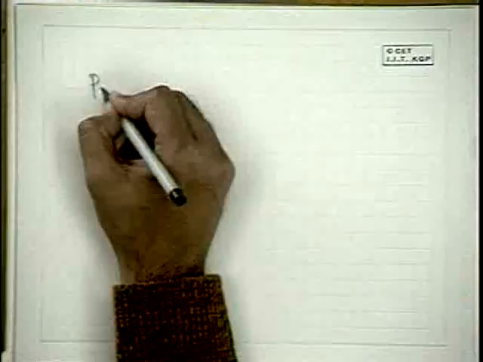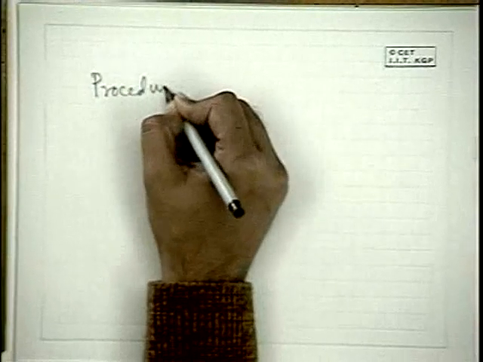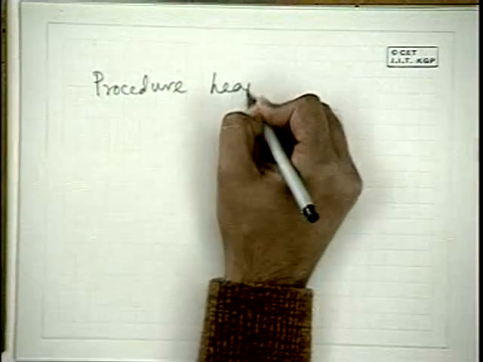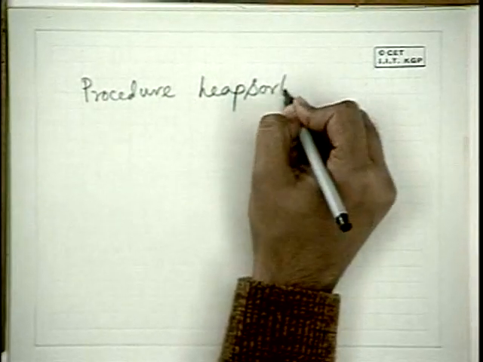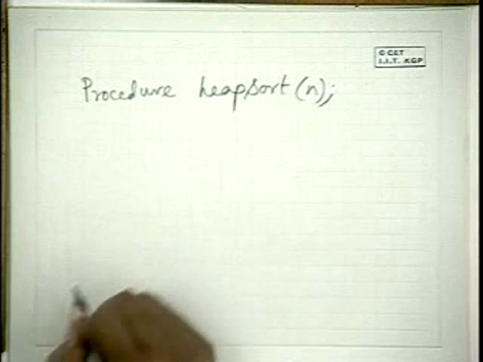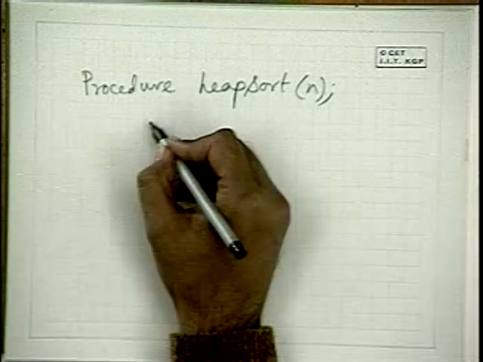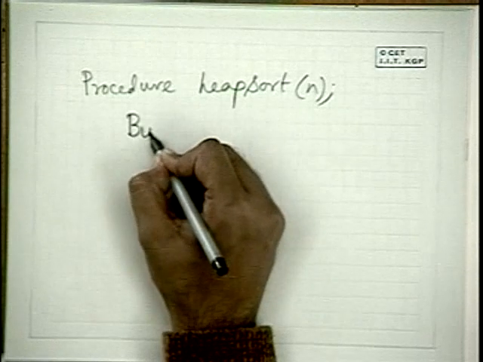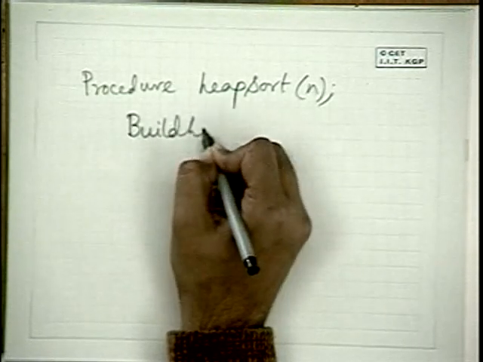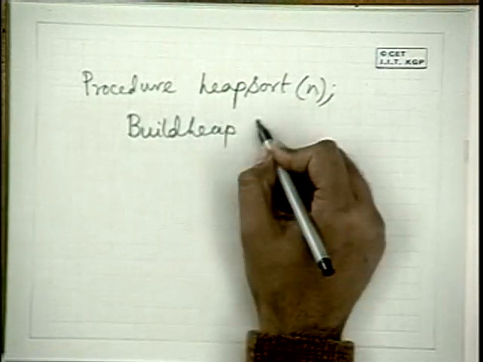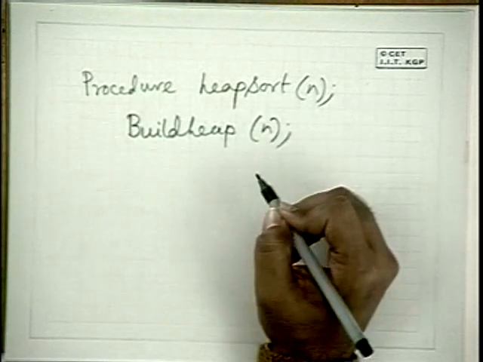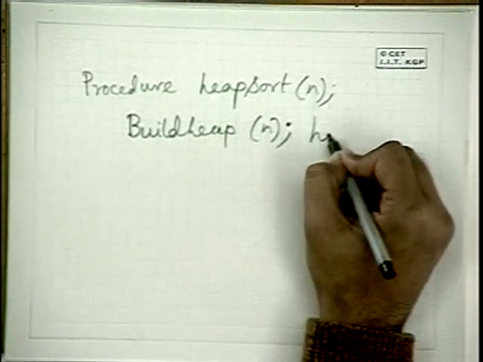So this is the procedure heap sort. So first, what do you have to do? Build heap. You have to call build heap on A, n, and you have to put the heap size.